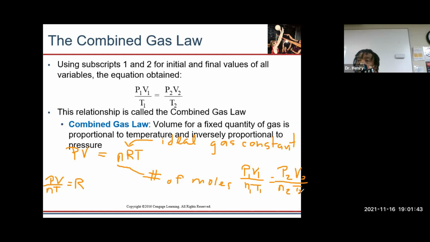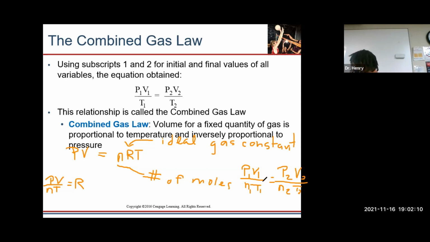So if I have a constant number of moles, then the moles are going to cancel out, and all I'm left with is this equation. If I had constant temperature and number of moles, then these at the bottom are going to cancel out, and then I'm left with Boyle's law.